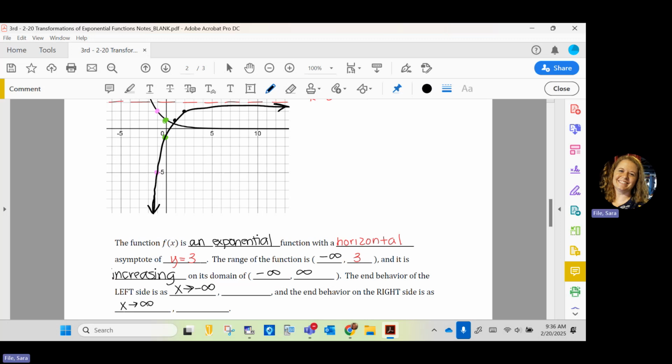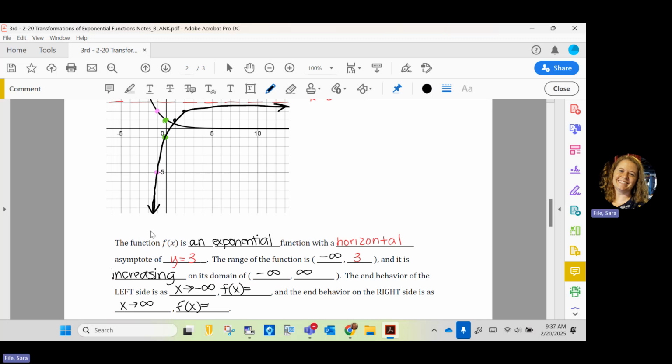Okay, now what are we doing on the left and right? What is this function approaching? So you're going to have f of x equals. So the left side is going where? What y value are we going to on the left? What does this arrow tell us? Where are we going?